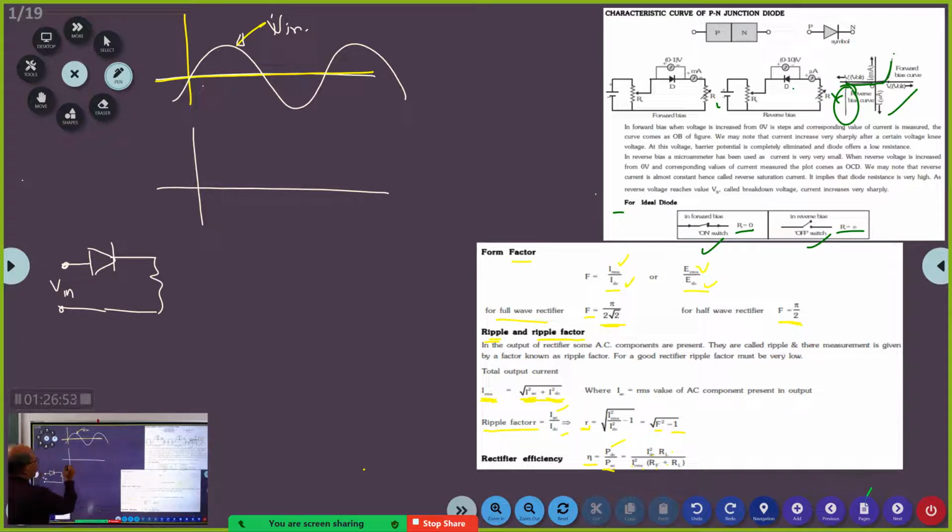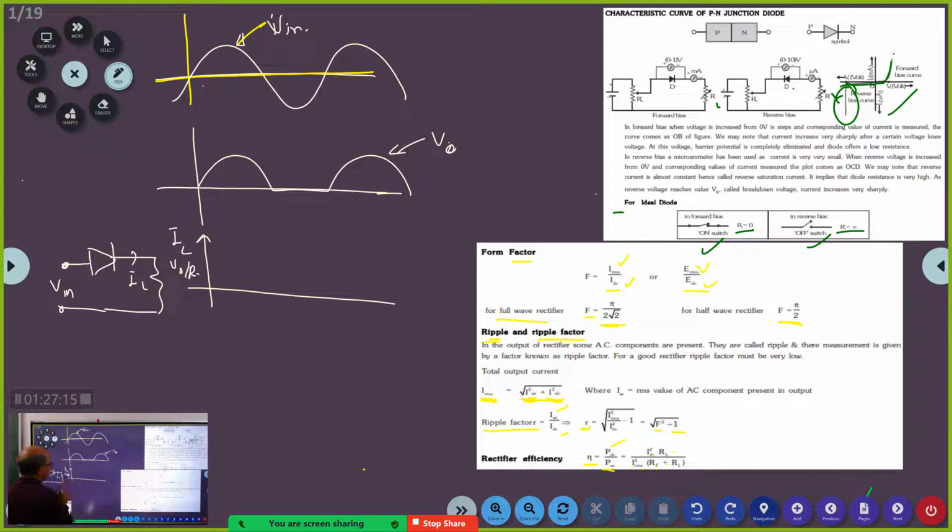This will be V out. Now, what will be I out or IL? What will be the waveform of IL? It will be V naught by RL, correct? So it is V naught divided by RL. RL is only a scalar quantity, so the current waveform will also be like this. Agreed? This is IL.